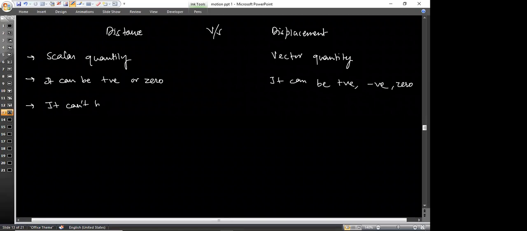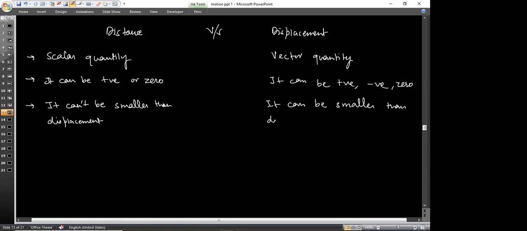Displacement can be smaller than distance, but can't be greater than distance. Sorry, we have to write here distance.